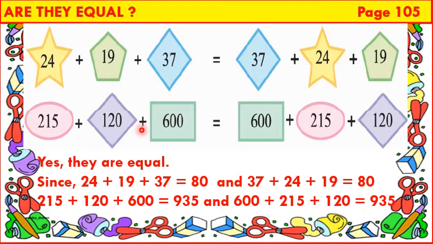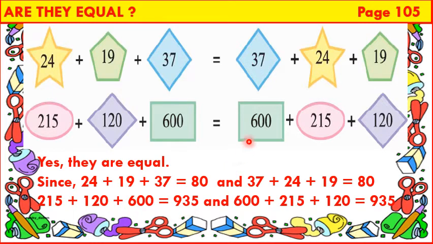Now consider this second line. When we do 215 plus 120 plus 600, we get the answer as 935.